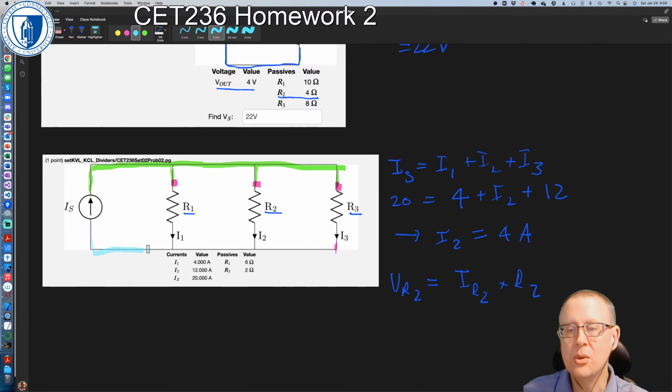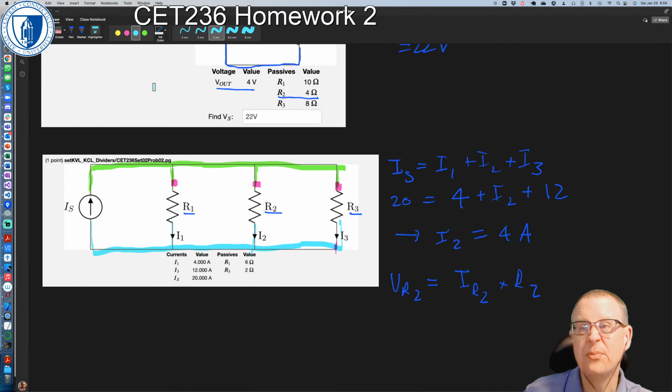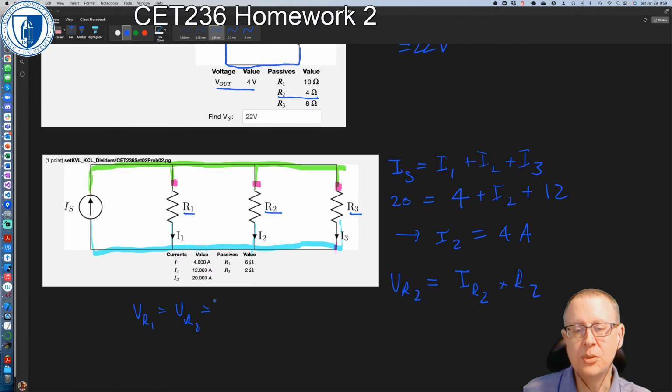There's only two nodes in this circuit, so all three resistors are connected between the same two nodes. So that means the voltages across them are equal, right? So VR1 equals VR2 equals VR3.